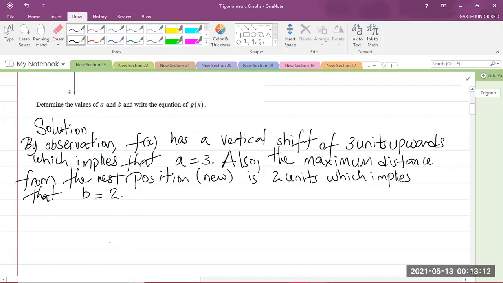So we have therefore calculated the value of a, and we have also calculated the value of b.